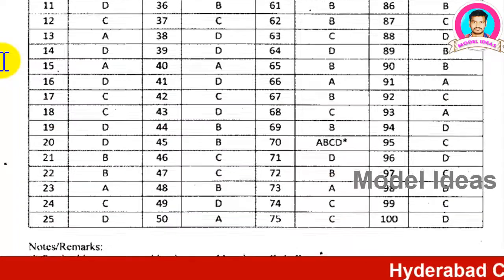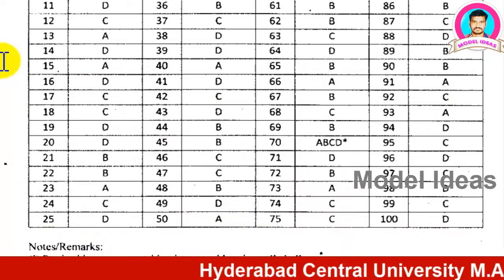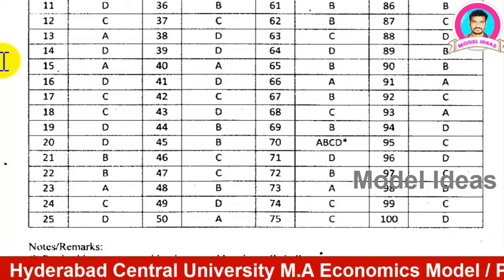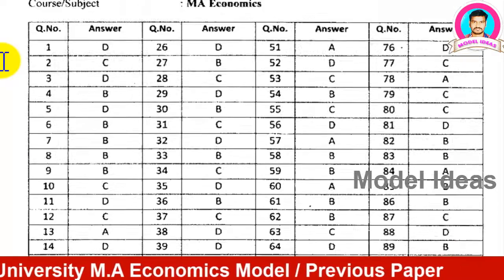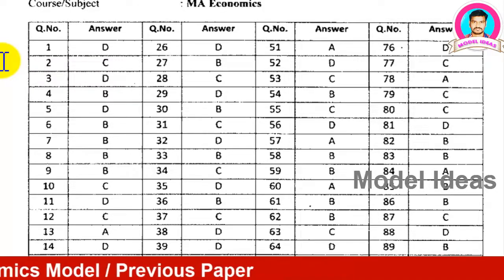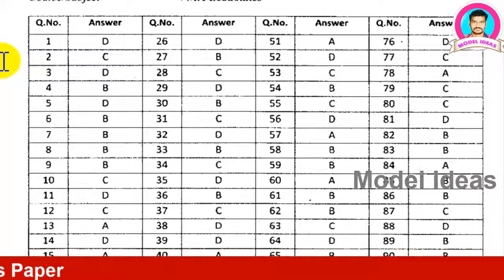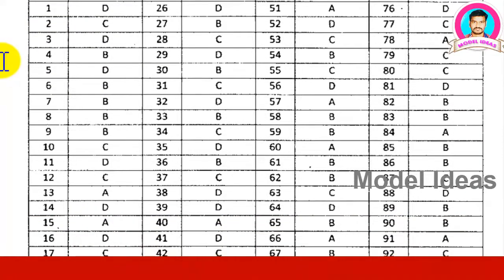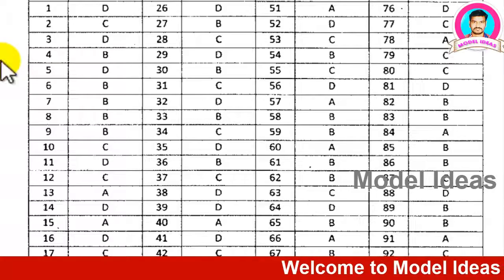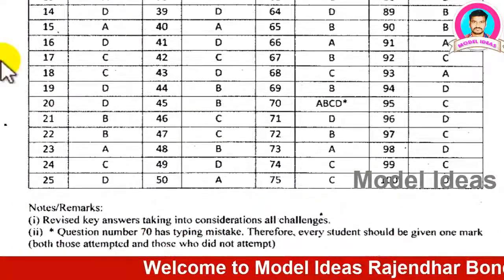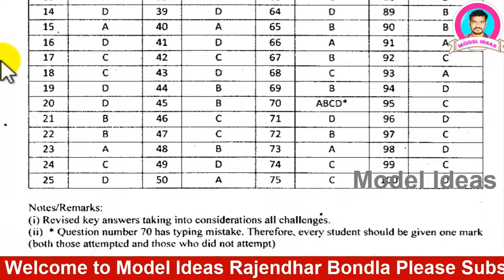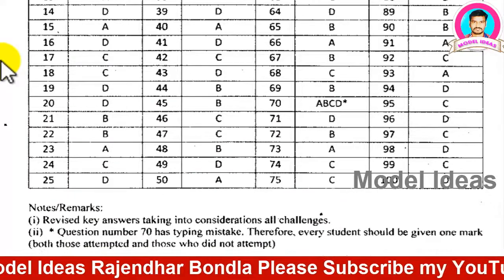For 17th question, A, B, C, D all are right. Next 76th. Yeah, you can see 76 to 90 questions. Focus on every question, see the key. Next 90 to 100. So just you can pause it and you will get every answer.